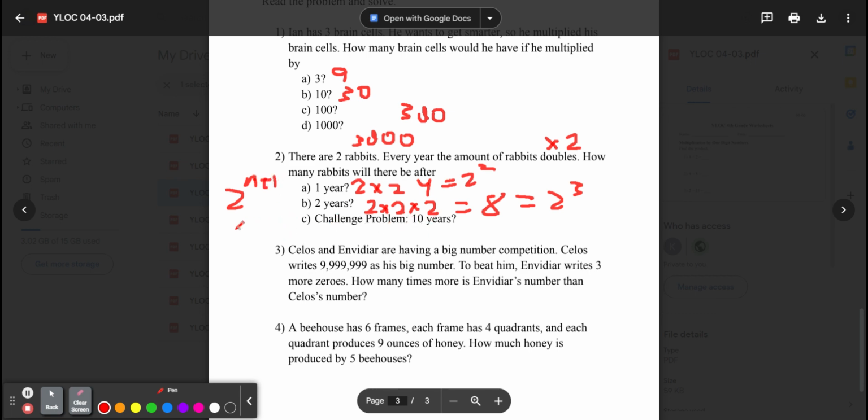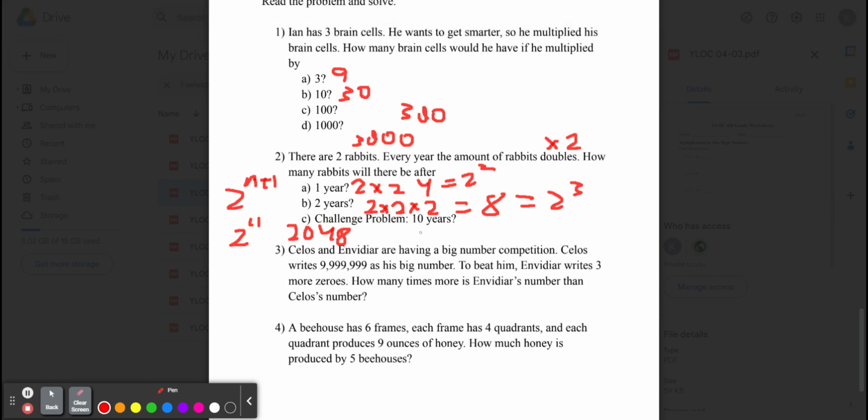So after 10 years, it'll be 2 to the 11. This symbol basically means 2 times 2 times 2 times 2, on and on and on, 11 times. And you can write that out by hand, or you could just know it. This happens to be 2048 rabbits. But this is a challenge problem, so you don't have to worry about knowing it too much.